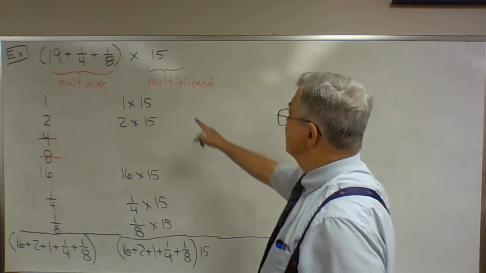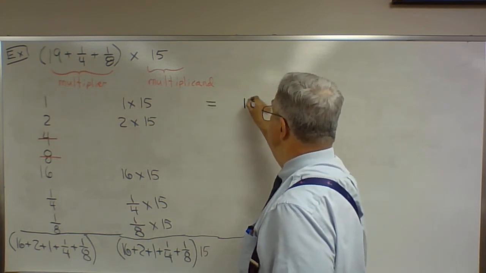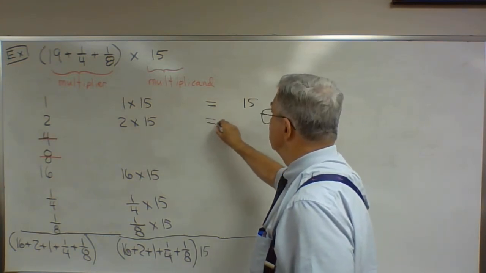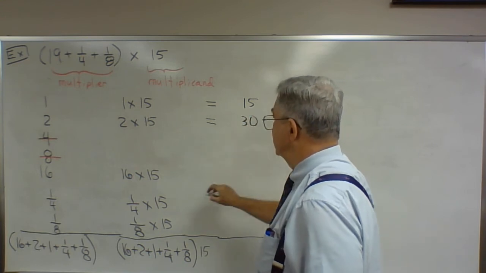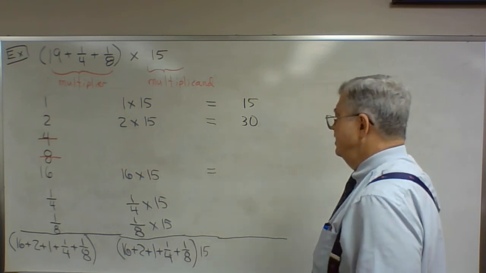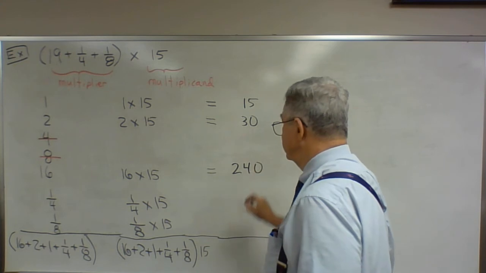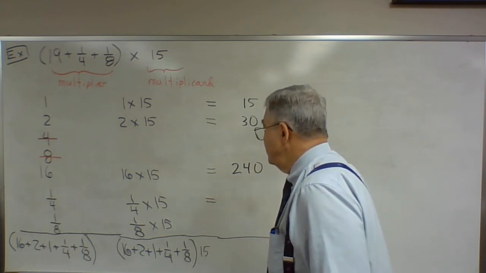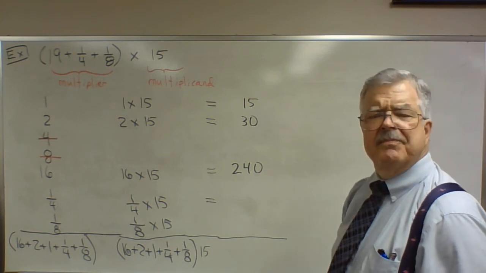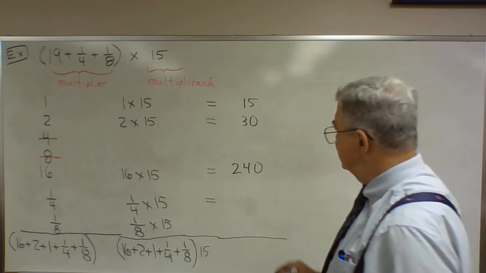Now let's compute our products. 1 times 15 equals 15. 2 times 15 equals 30. 16 times 15, that's 240. 1/4 times 15 is 15/4, which is the same as 3 3/4.